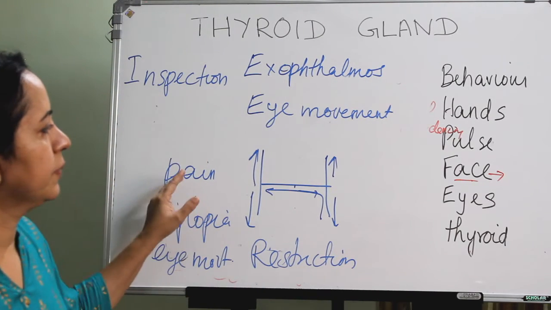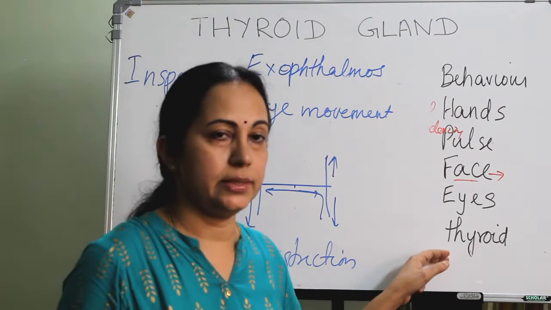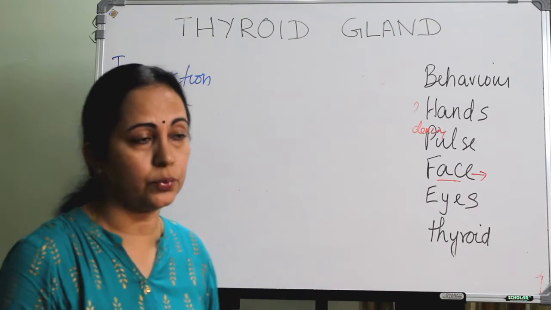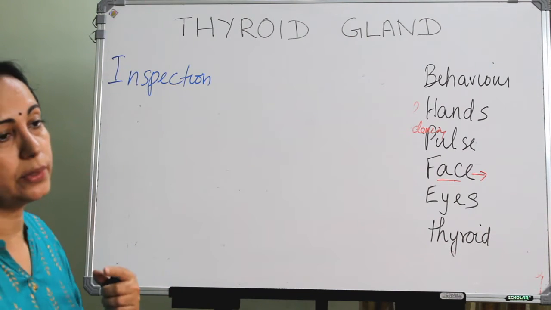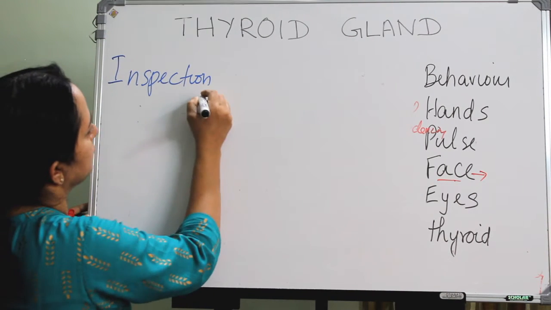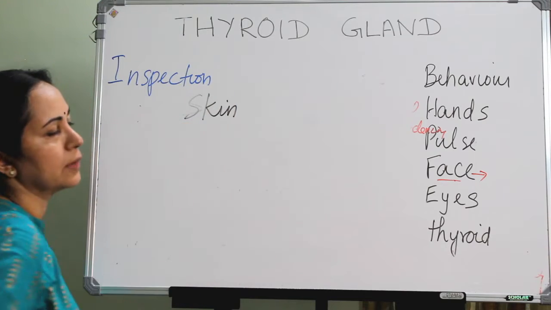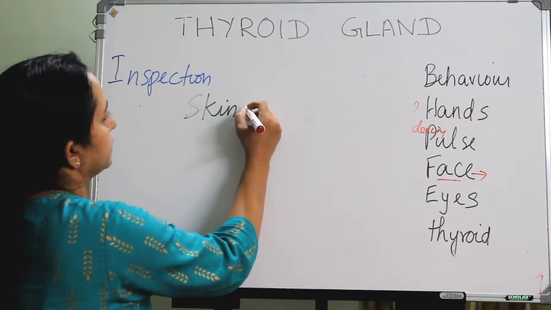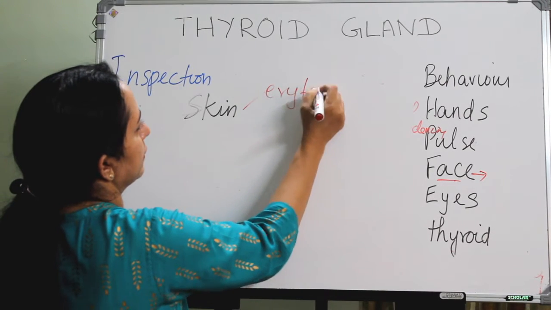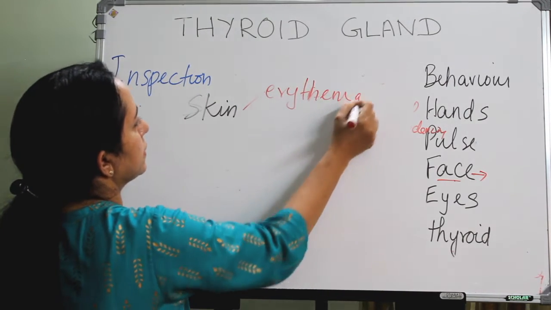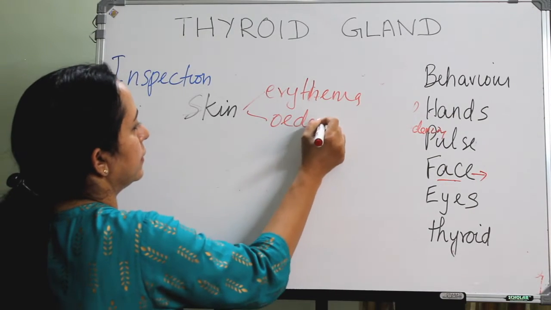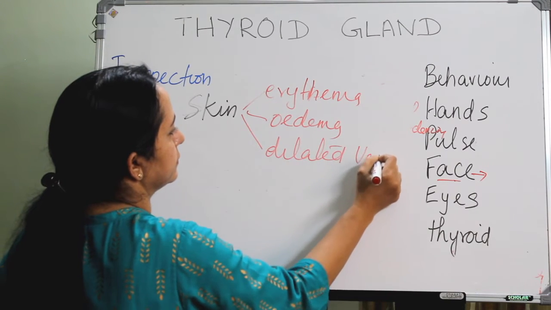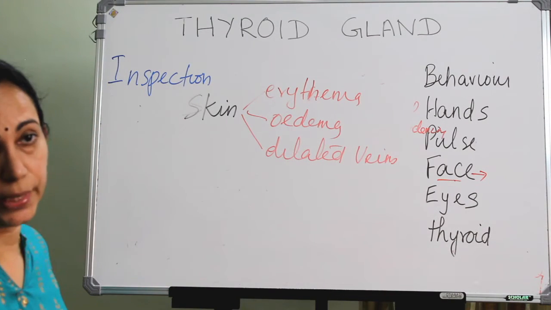Okay, so then come to the thyroid gland, inspection of the thyroid gland. See the patient in front of you and look at the skin over the neck. Look for the presence of any erythema, edema, or any dilated veins over the skin of the neck.